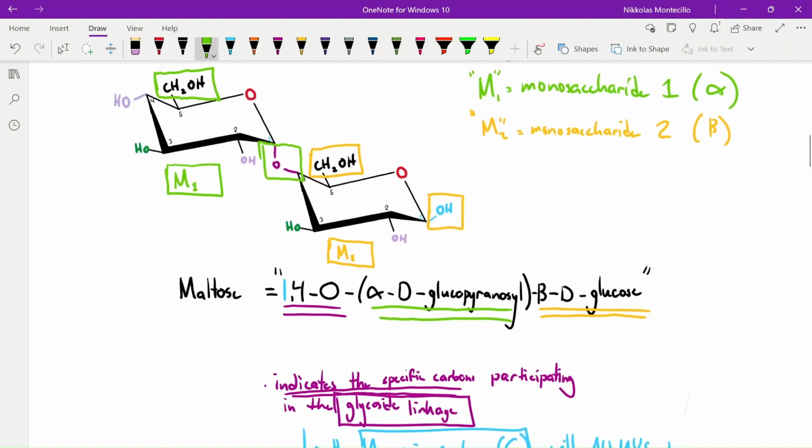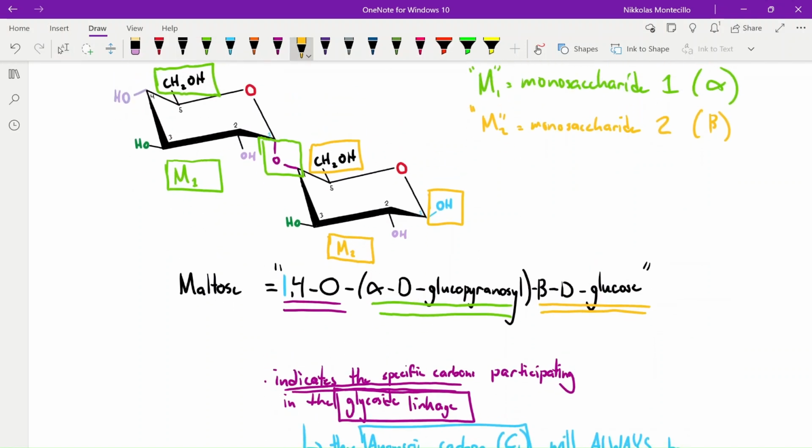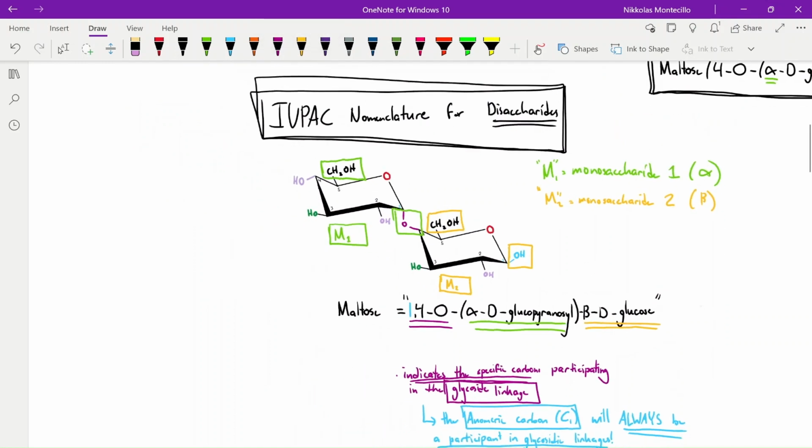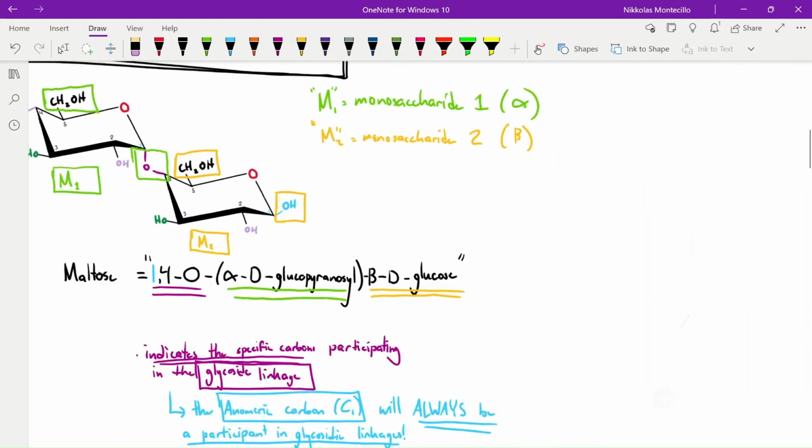And we can see that in the IUPAC nomenclature, monosaccharide 1 is considered the substituent, hence the name alpha D-glucopyranosyl, the "syl" indicating that monosaccharide 1 is the substituent, while beta D-glucose is the main monosaccharide in the disaccharide.